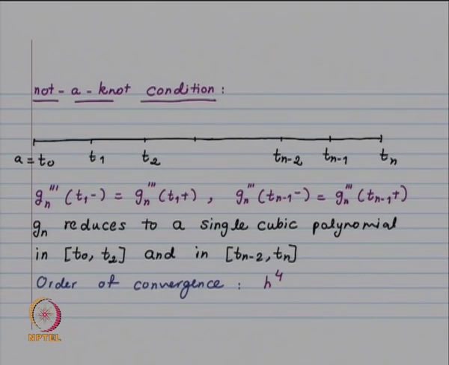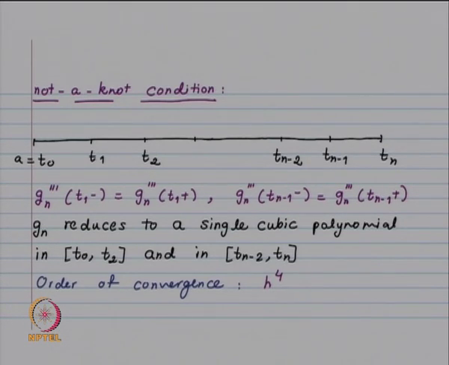So, in the interval t 0 to t 1 it is a polynomial of degree 3, in the interval t 1 to t 2 it is a polynomial of degree 3. Then when you say that the third derivative should match, then it is going to be only a single polynomial in the interval t 0 to t 2, and in the interval t n minus 2 to t n, similarly it is going to be a single cubic polynomial.